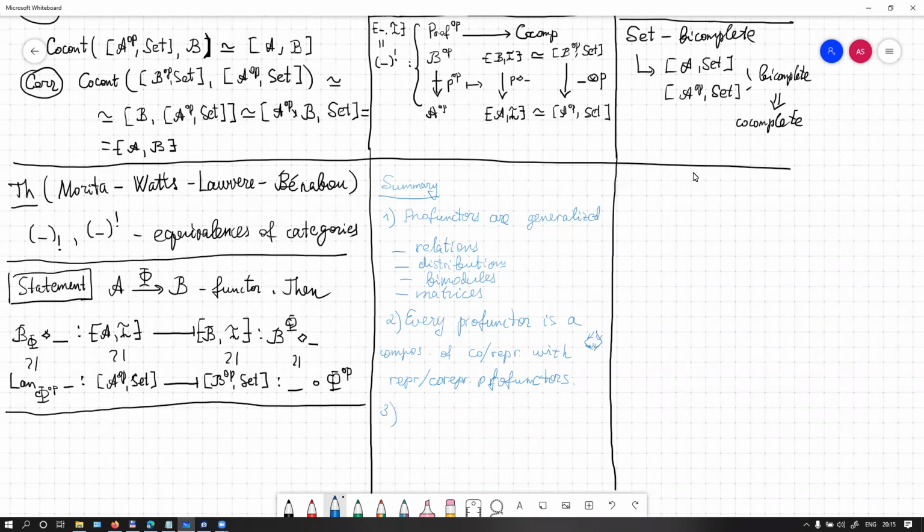Third, composition of profunctors factors through the Kleisli category. Four, so this was all from the previous lecture. Now from today's lecture.